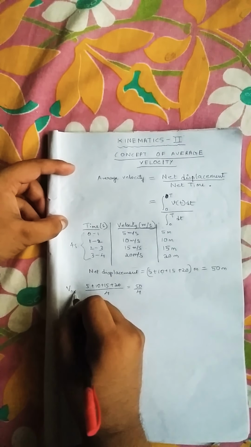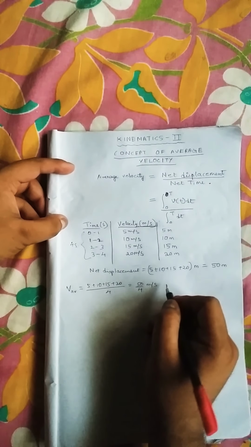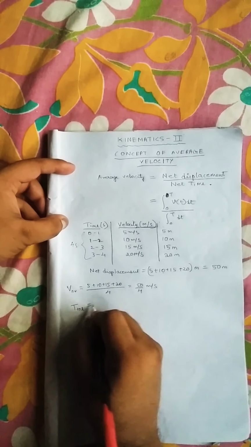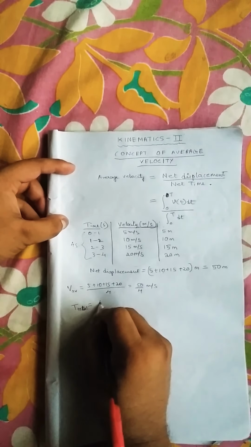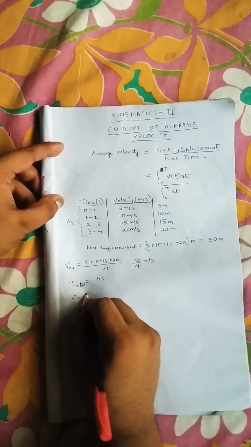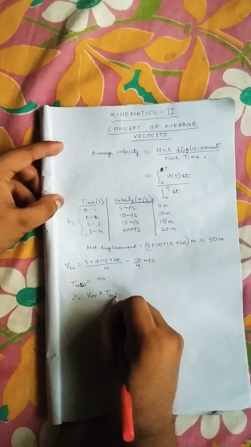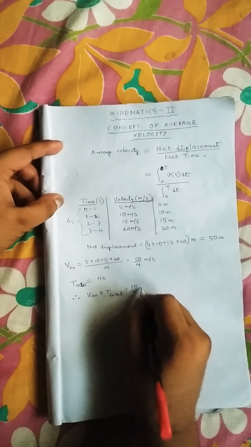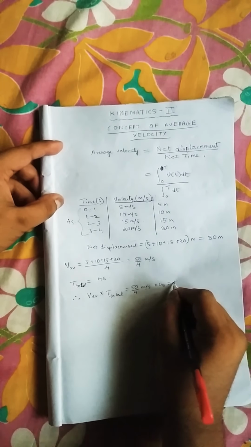V average equals 50 by 4 meters per second, T total equals 4 seconds. So V average into T total equals 50 by 4 meters per second into 4 seconds, equal to 50 meters.